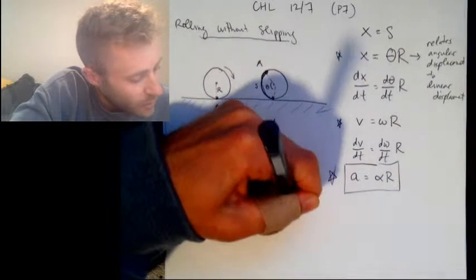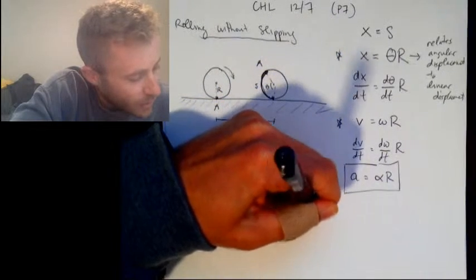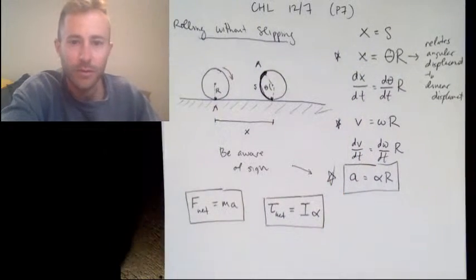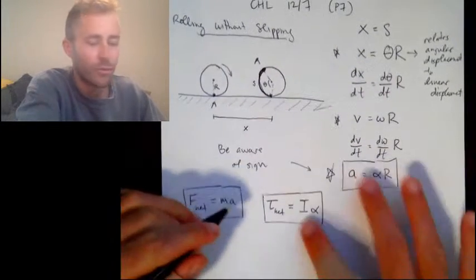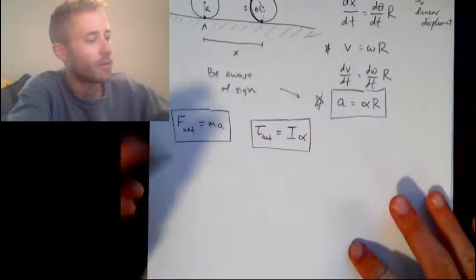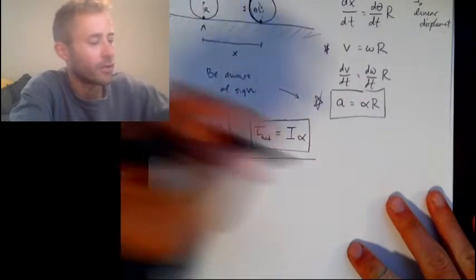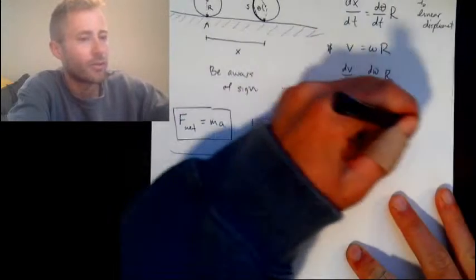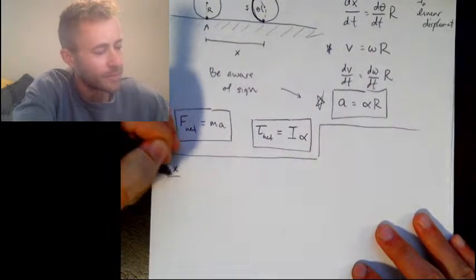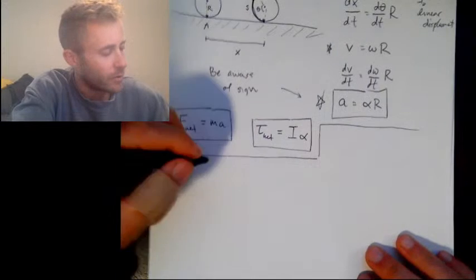Net torque equals I times alpha. That's the angular form of Newton's second law. These three equations are the ones we're going to apply to scenarios today. We're going to do two examples. The first example is a yo-yo.